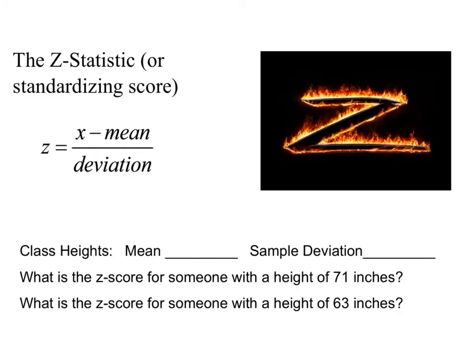The last thing I want to talk about in this video is what's called the Z-Statistic, or sometimes referred to as the standardizing score. And the standardizing score is really a way of putting things in relation to other things that maybe belong in the same category. For example, maybe the ACT in the 1980s had an average of 20 with a standard deviation of 5.